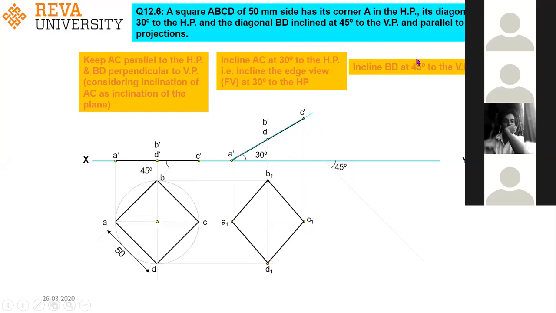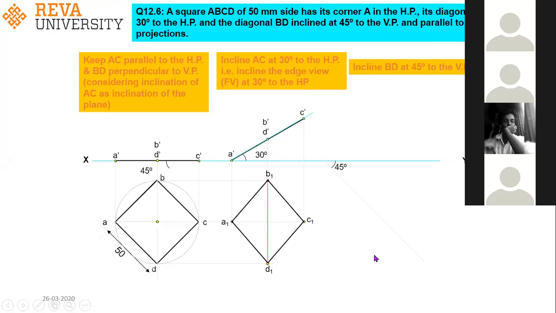I have to make sure that B and D come over this line. You cannot represent A and C on this line, because it says the diagonal BD is inclined at 45 degrees to VP. That's why I'm going to construct this entire object by making sure that the length B to D comes on this particular 45 degree line.